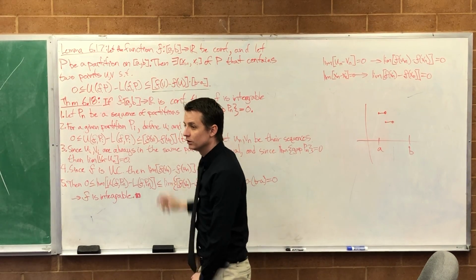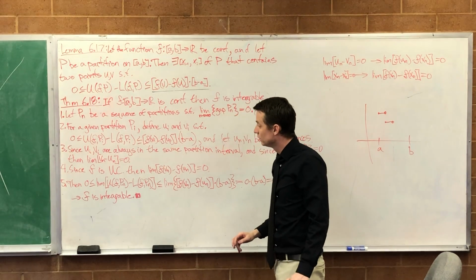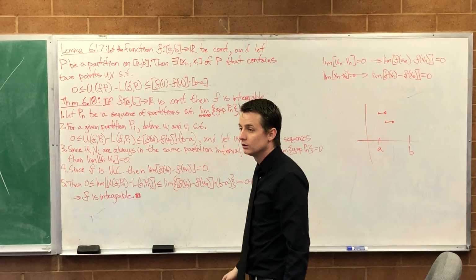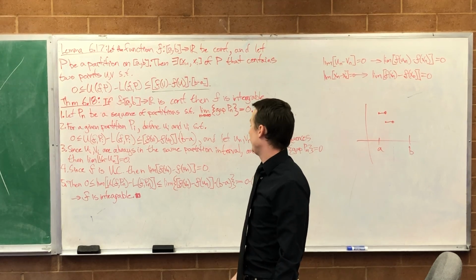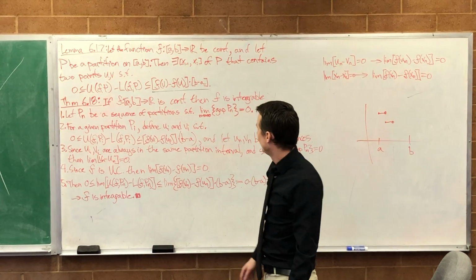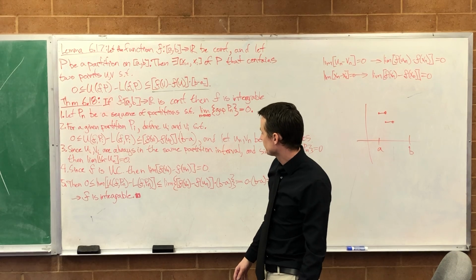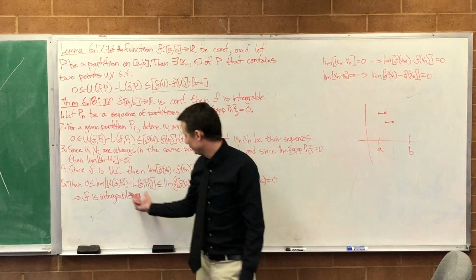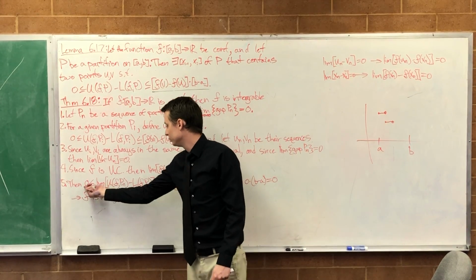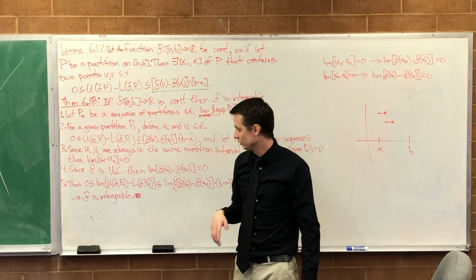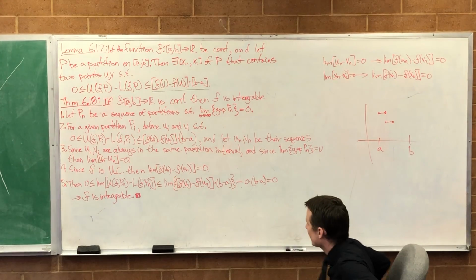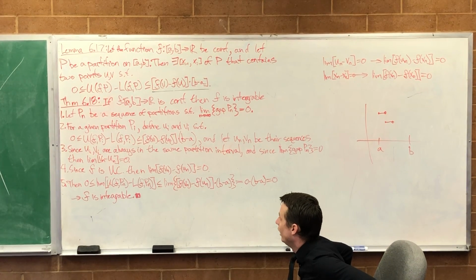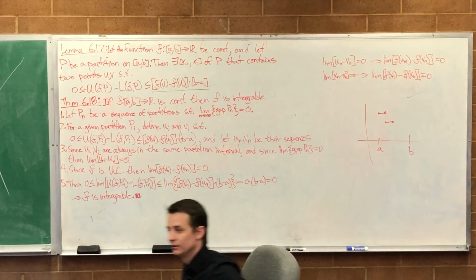I'm saying that because 0 is less than or equal to something is less than or equal to 0. Okay, it's pretty obvious. I was wondering if there was a theorem or if it just logically followed. So we end up with this difference sandwiched between 0 and 0, which makes it 0. Yep. Anything else?